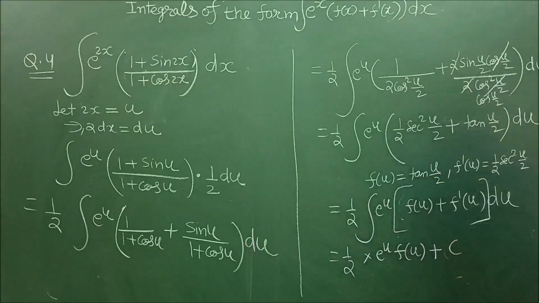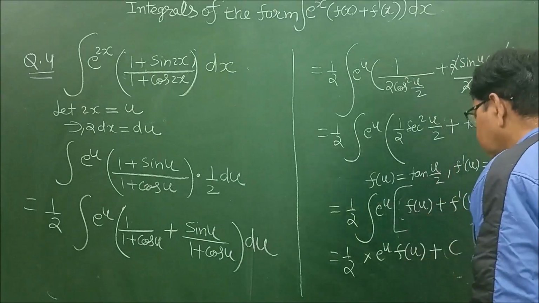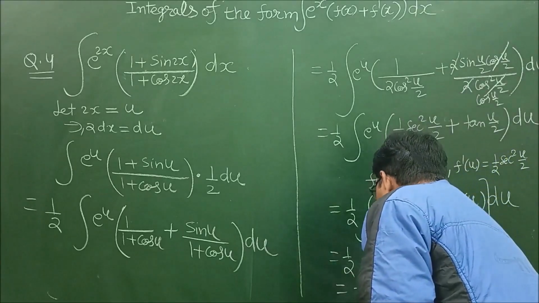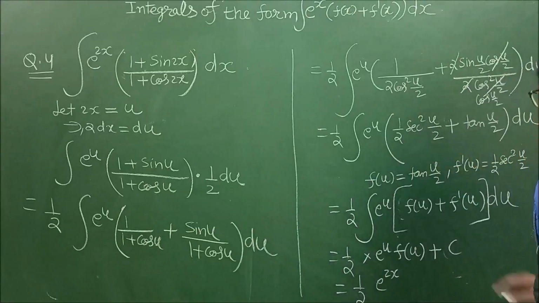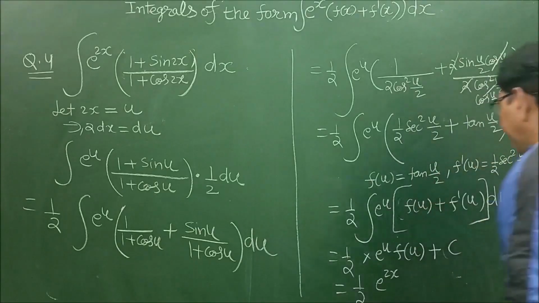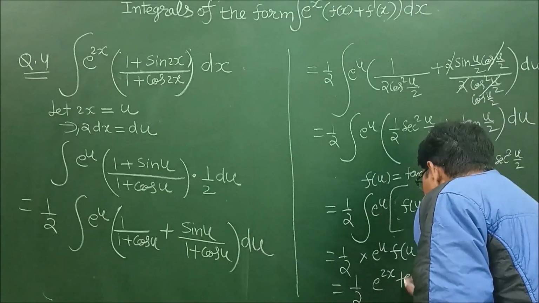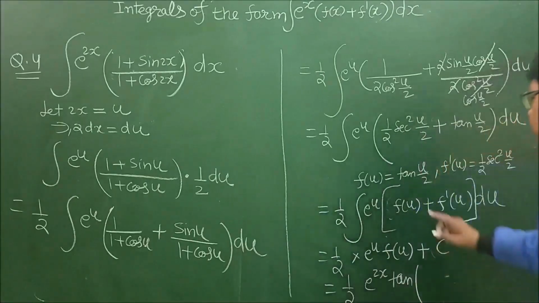Putting the values here, function f(u) is tan(u/2), and u is 2x, so e raised to the power 2x, and function of u is tan(u/2), that is tan of, and u is equal to 2x.